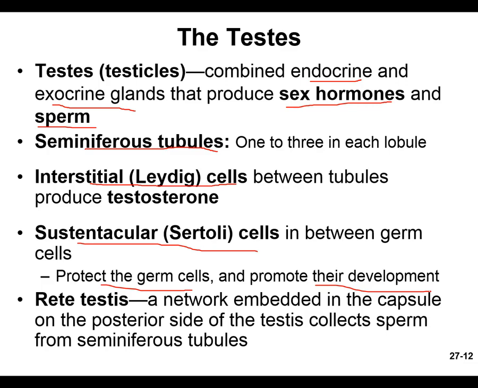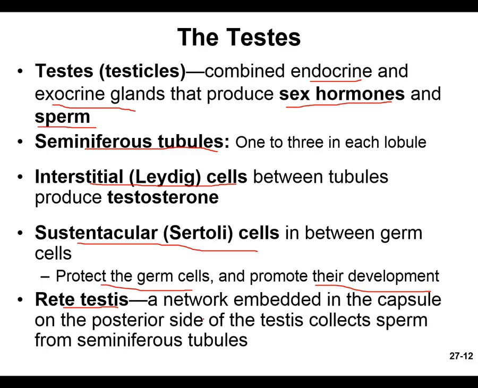Once they're haploid cells, they're genetically unique from the body cells, and we do not want antibodies manufactured because that could lead to someone becoming sterile. So we have to protect these unique cells from the body's own immune system. We're going to talk more about that as we go.